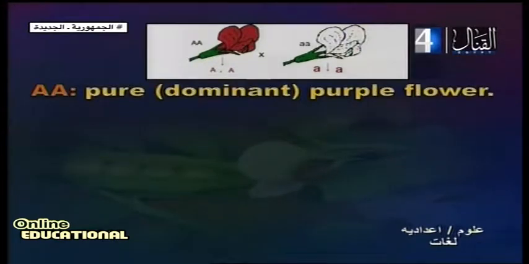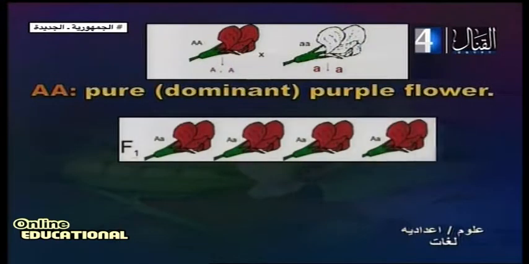As in the figure, A capital is the symbol of pure dominant purple flower. When the dominant purple flower is crossed with the white flower, A small, the first generation, as shown, are all purple flowers.